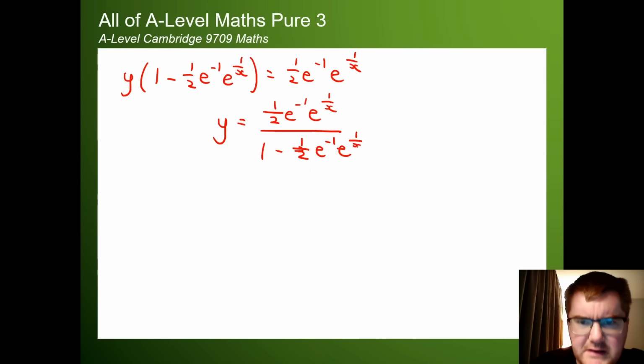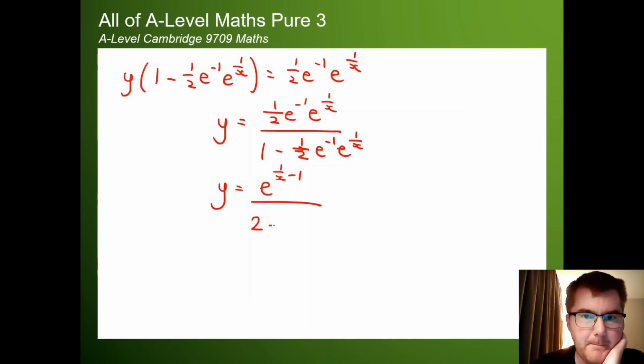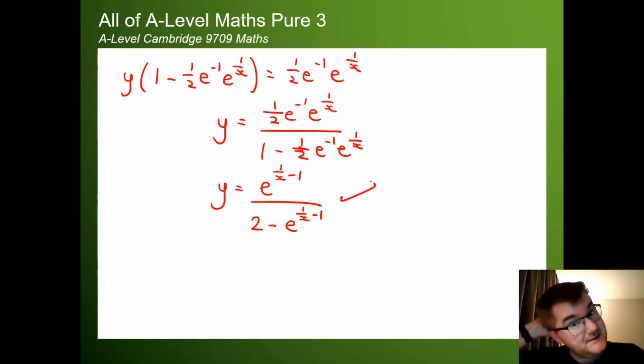I'm sure they would accept this, but we can times top and bottom by 2 here. So that gives us then e to the power of 1 over x minus 1 over 2 minus e to the power of 1 over x minus 1. We can put these indices together, which then gives us our final answer for 1 mark.